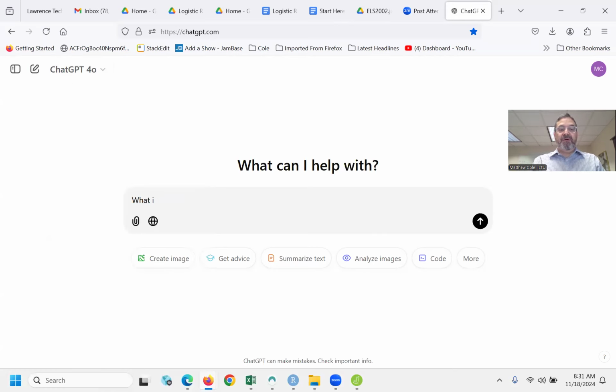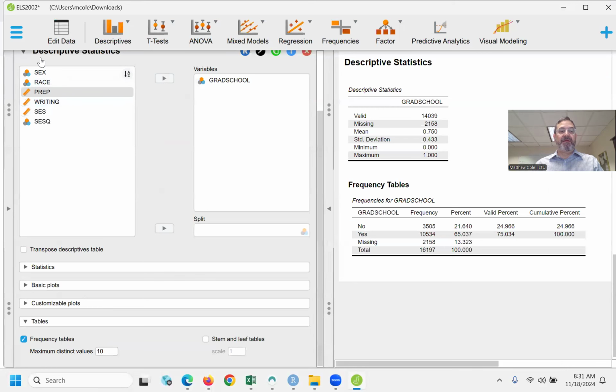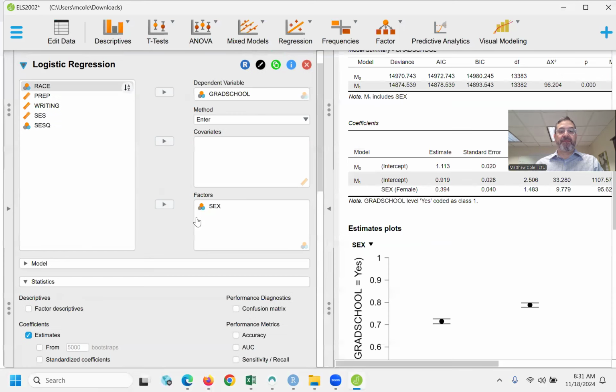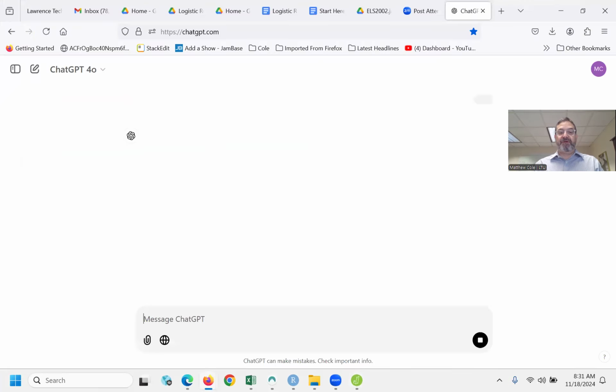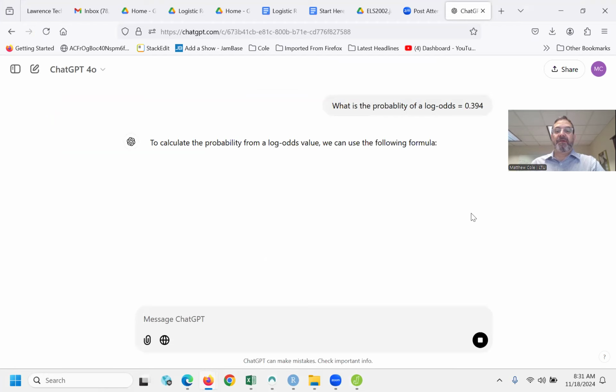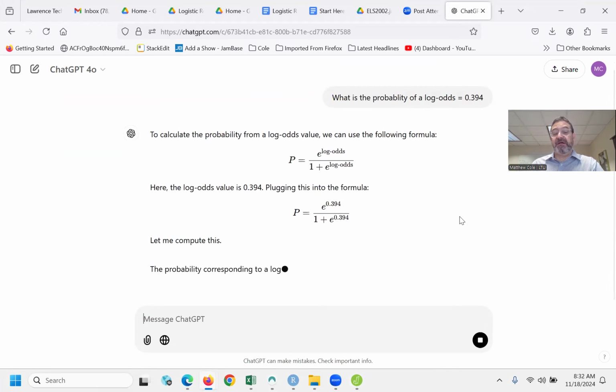But if you go, what is the probability of a log odds equals 0.318? Is that the value? 0.394. So it'll give you the formula, and you can see it's using e. It's complicated. It can be done easily in Excel because Excel has a function for that.